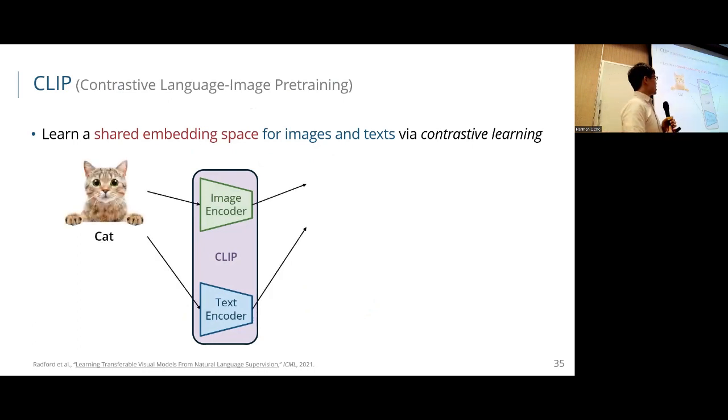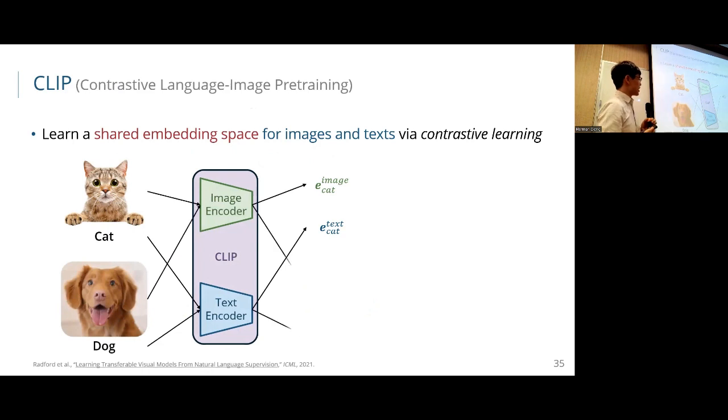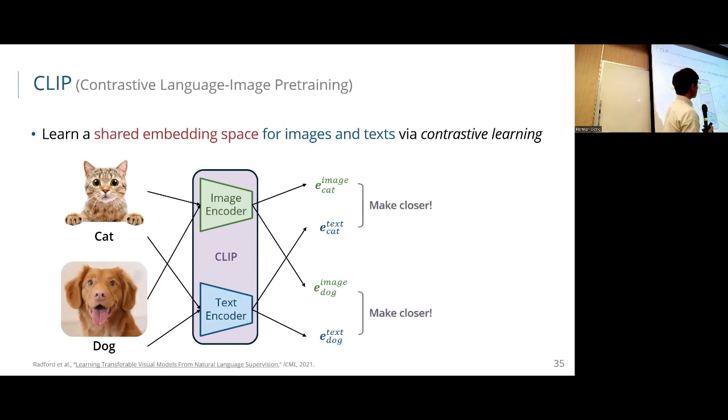How this model is trained is, if we have an image of a cat and also a text of cat, we pass them through these two encoders and get the embeddings out. Also, if we have a dog image and the text of dog, we get another pair of embeddings. Our goal is to make these embeddings similar, so the image embedding of the cat and the text embedding of the word cat are close to one another.